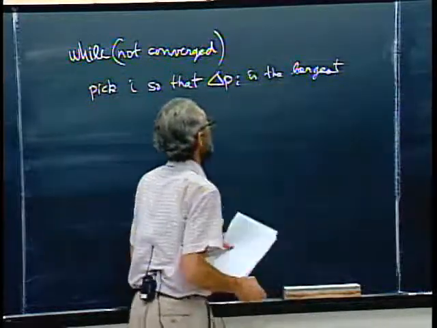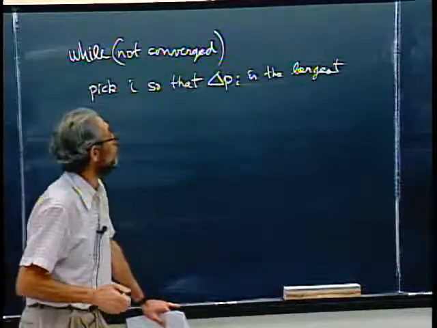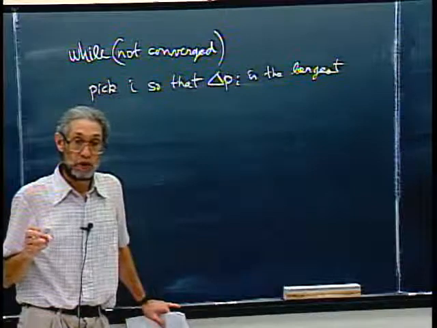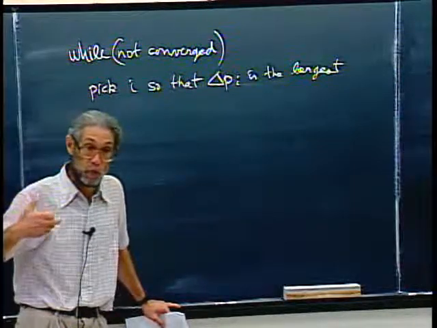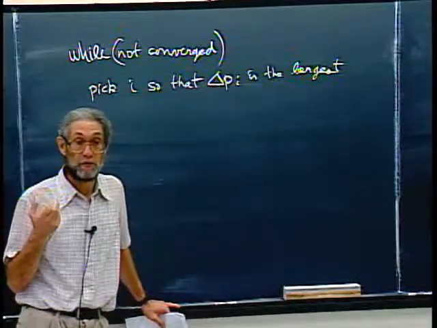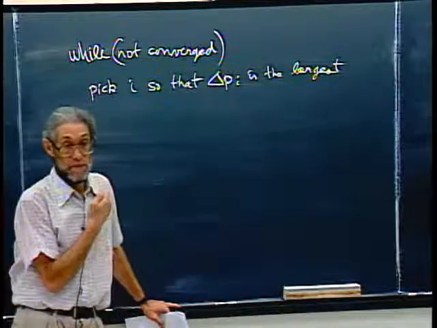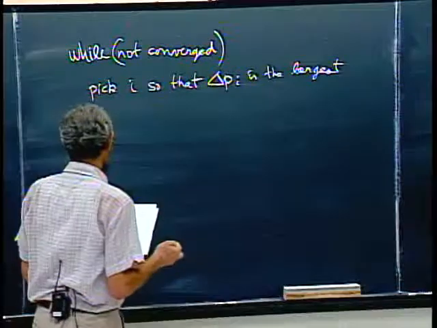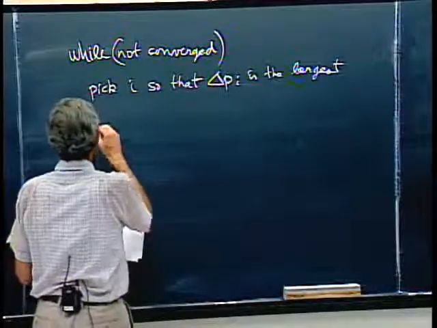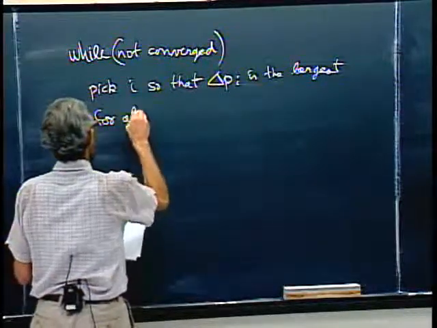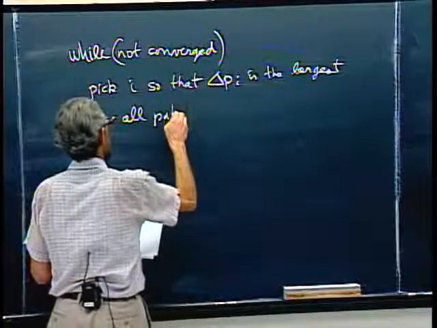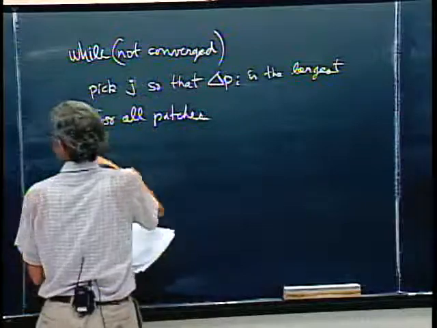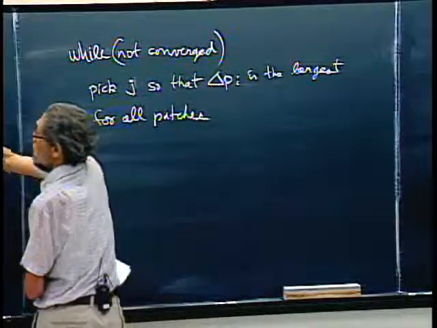And whenever you found that the largest unshot power was less than a threshold, or you could divide it by the area if you were worried about the colors converging, you would stop and say it's converged. Otherwise, you would keep going. And so you want to shoot that power. So for all patches, why don't I call this one J, because that corresponds to the patch that's shooting the power here.